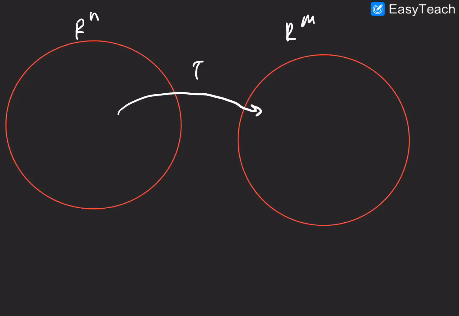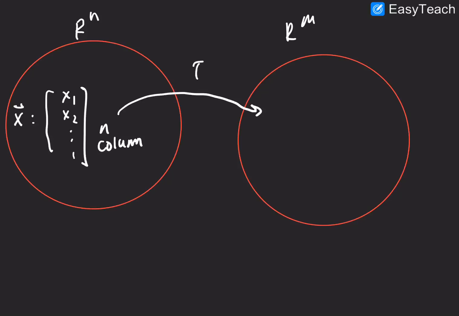Okay, so in the Rn, we are going to have some x component where it's x1, x2, and so on. And this will be your n column.